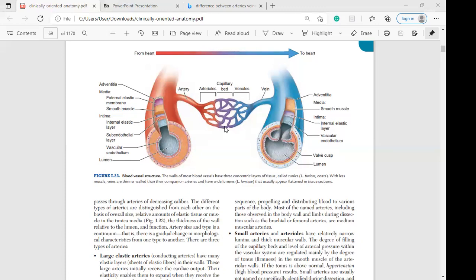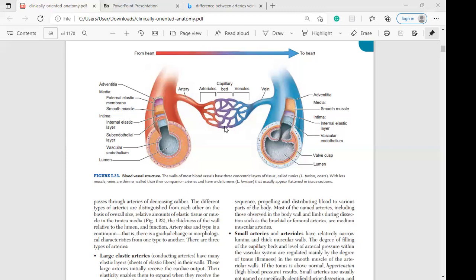So let's quickly do a recap of the histology of the arteries and the veins. All arteries and veins contain how many tunics? Three tunics. What are they? The tunica adventitia, the tunica media, and the tunica intima. But why do we have this adventitia?